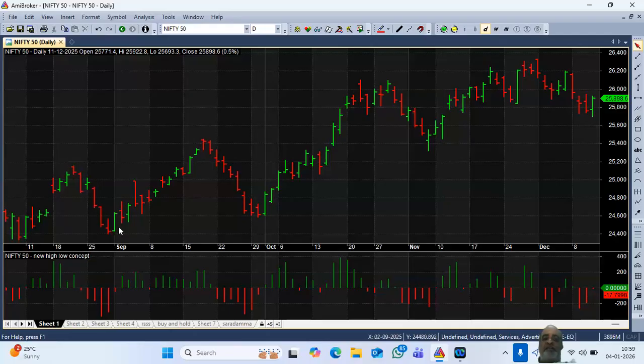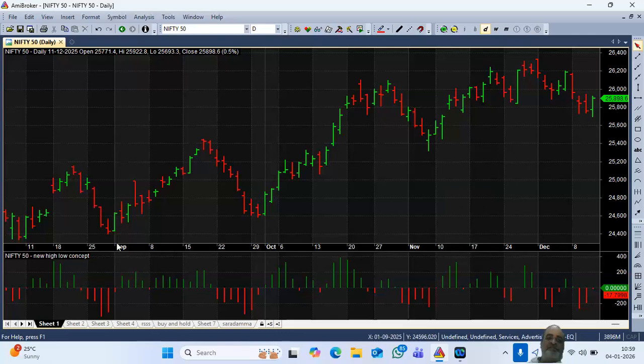Later the price went up, and the noticeable point here is every day it made a low, but not below the low made by this reversal bar.